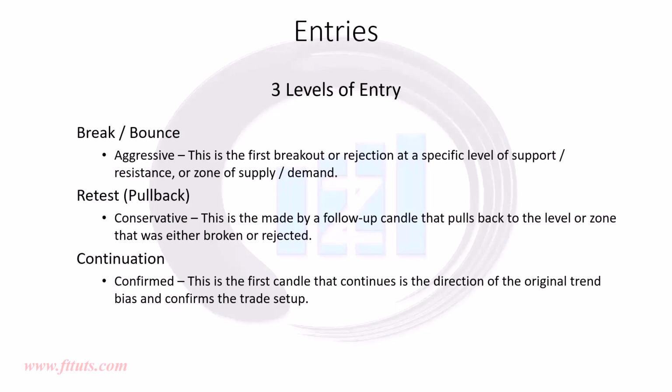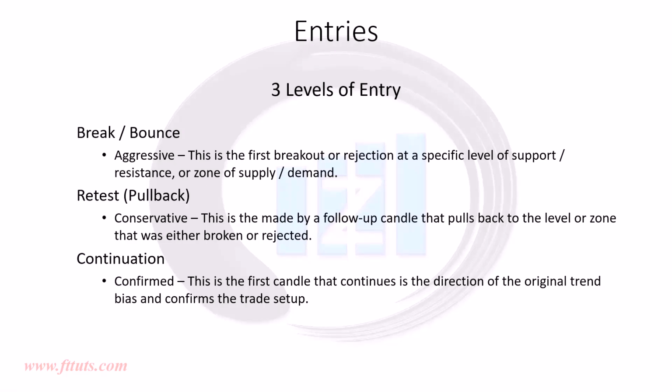And that is our most aggressive type of entry, on the close of those candles, because it could be a false breakthrough. It could also be a false rejection, could be just a minor pullback. We don't know yet.